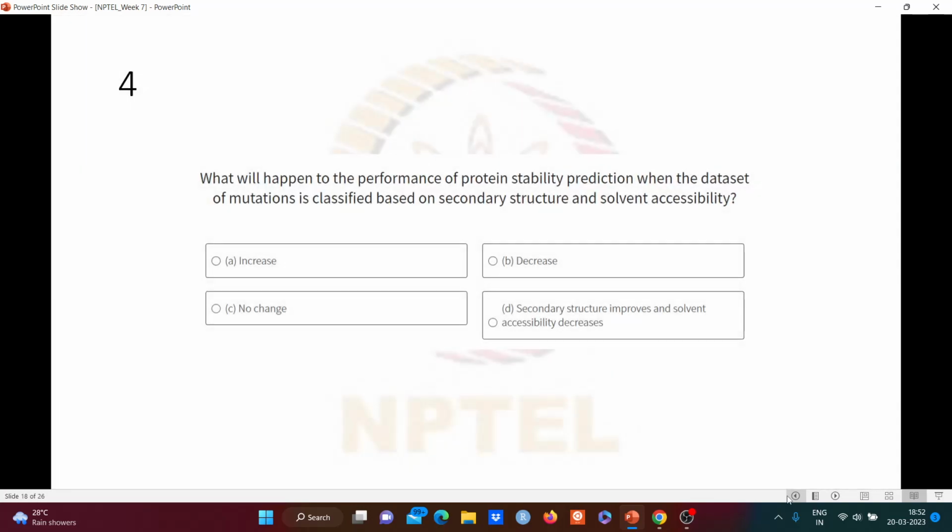Okay, moving on to the fourth one. What will happen to the performance of protein stability prediction when the data set of mutations is classified based on secondary structure and solvent accessibility?